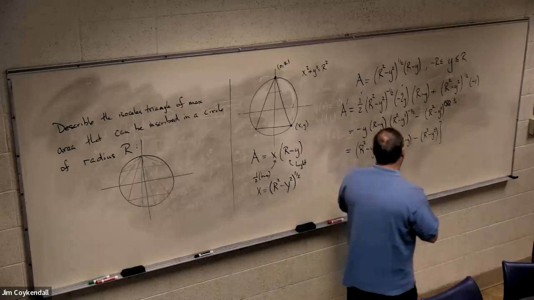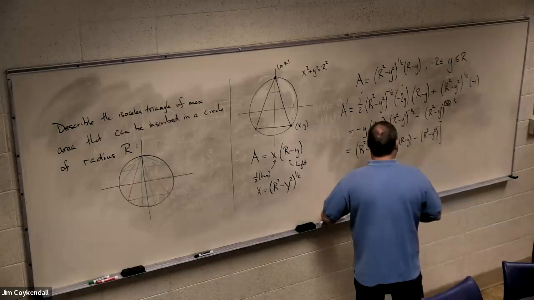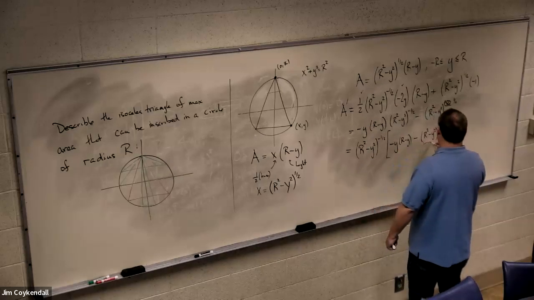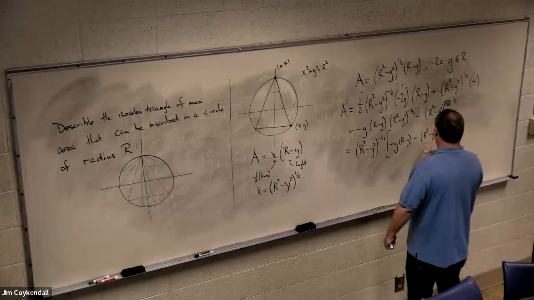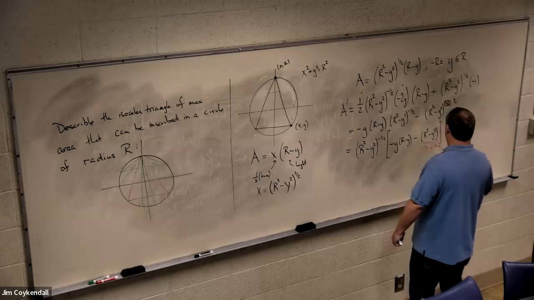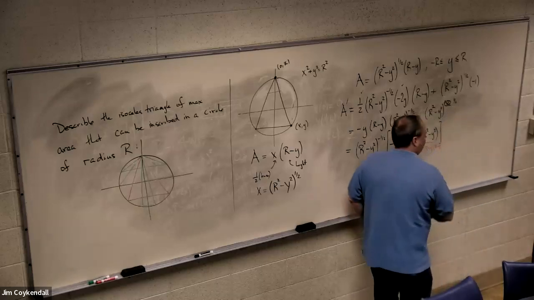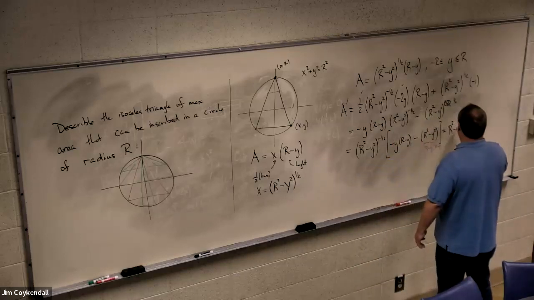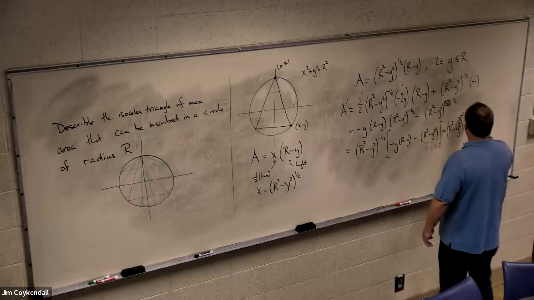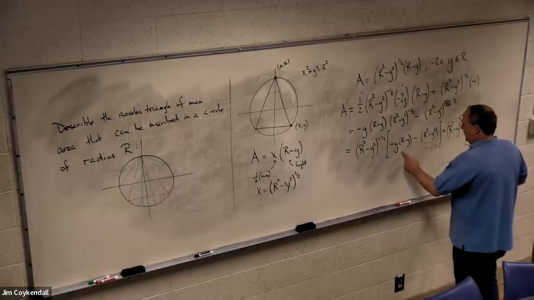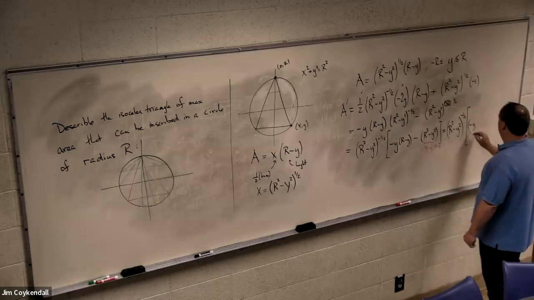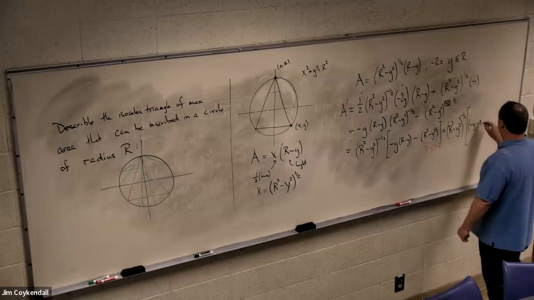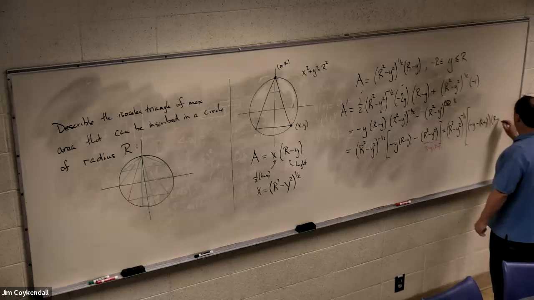Now notice that this piece right here is r squared minus y squared, which is r plus y times r minus y.